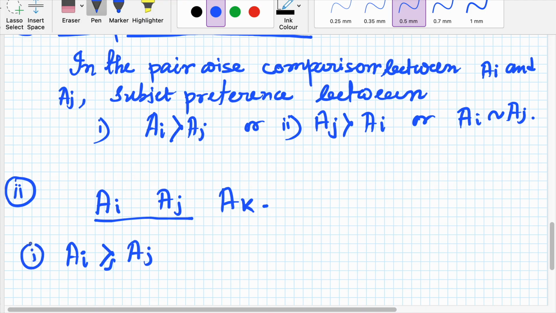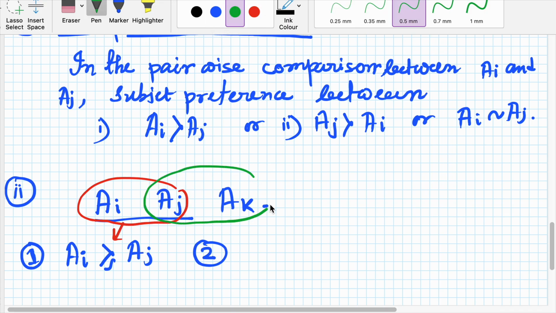That is the first condition. Second condition, suppose that in the pairwise comparison of aj and ak, aj is preferred or indifferent with ak.